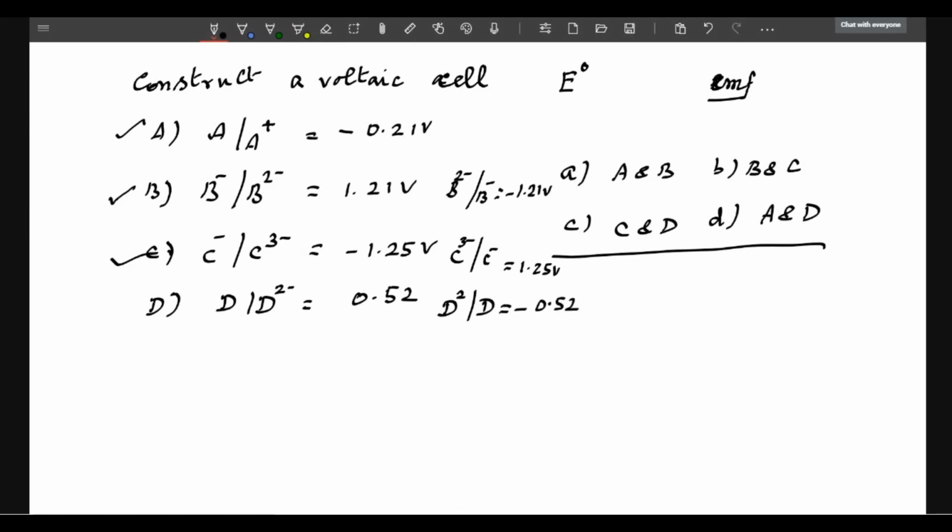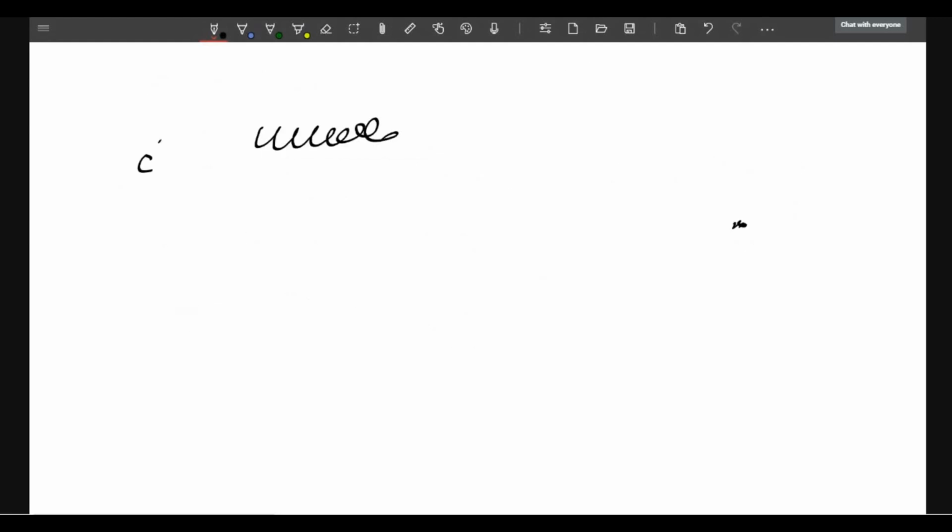We have converted all four into oxidation potential values. Next task is to arrange them in decreasing order of the potential. The first one, tell me, is C3 minus to C minus equal to 1.25.